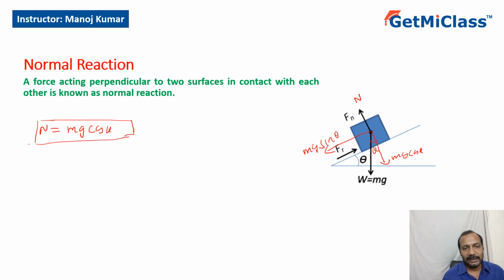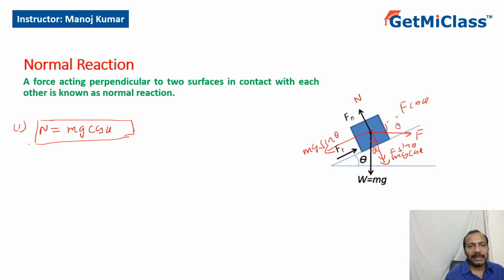Now the same thing, if I apply a force F, let's say horizontal, like I apply a force F in this direction, in the second case, then what will happen? Let's find out the components of F. This is theta, this is 90, this would be again theta. So this part would be F cos theta and the component of F in this direction is F sin theta.